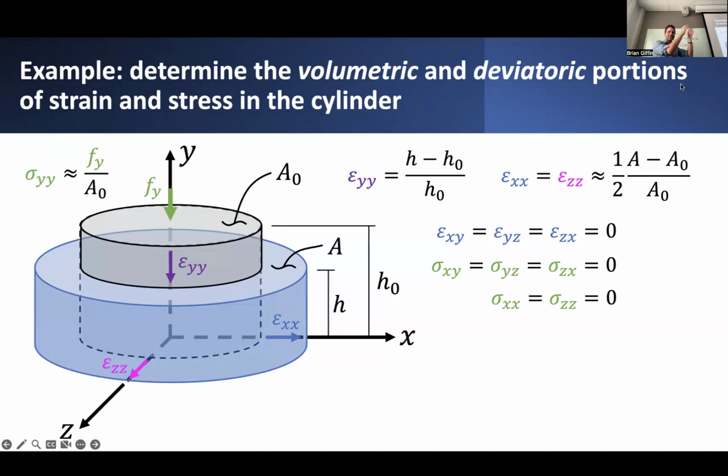So the volumetric strain can be linked directly to volumetric stress, or the average stress in this piece of material, assuming it's isotropic and linear elastic. And the deviatoric strain, which is a volume preserving deformation, can be linked directly to the deviatoric stress, which was a state of pure shear. So if I asked you, what are the different representations of the volumetric strain in this material, as well as the deviatoric strain, how would I compute those things?